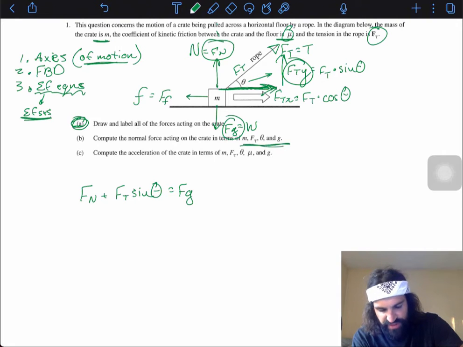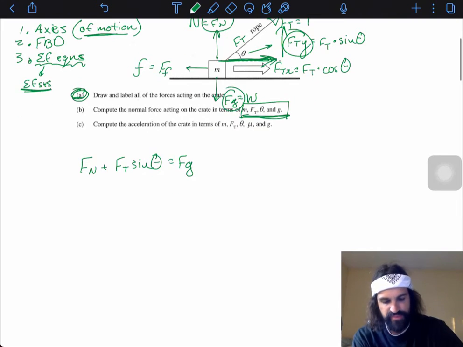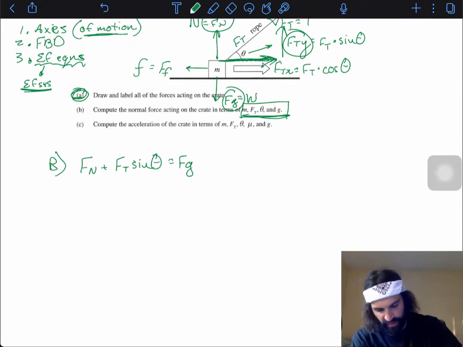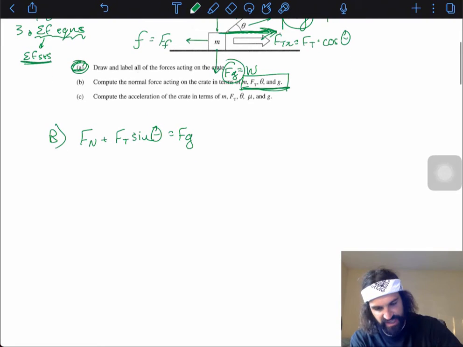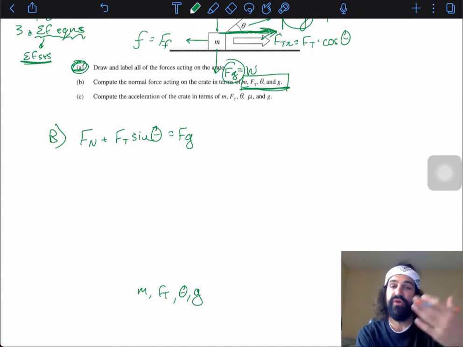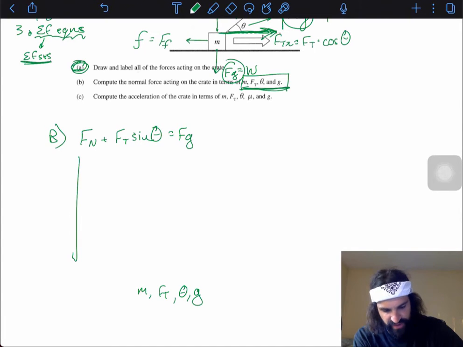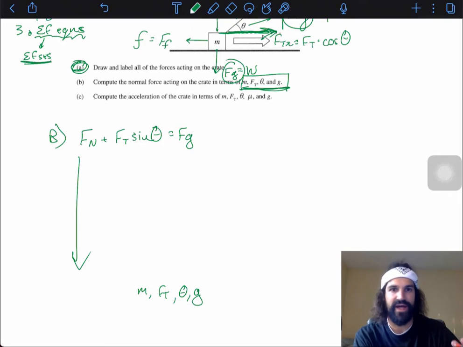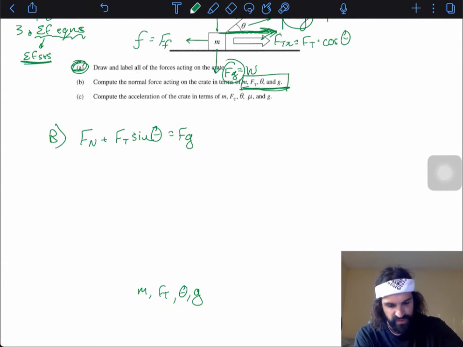But we're given these variables, m, Ft, theta, and g. And anytime they say, hey, solve in terms of these variables, at the bottom of the space, I like to write m, Ft, theta, and gravity, the variables that I'm allowed, so that when I do get a final answer, I know if my final answer meets my expectations.